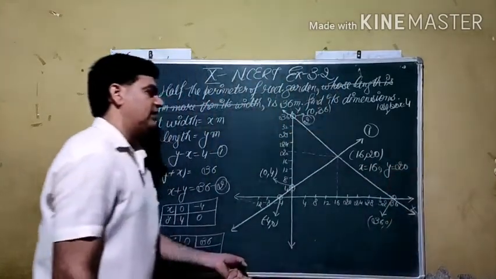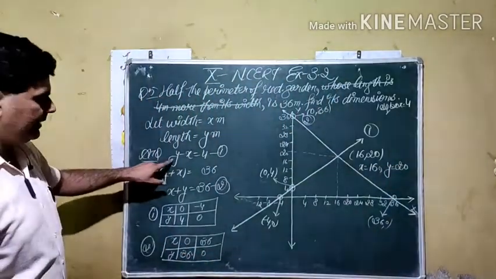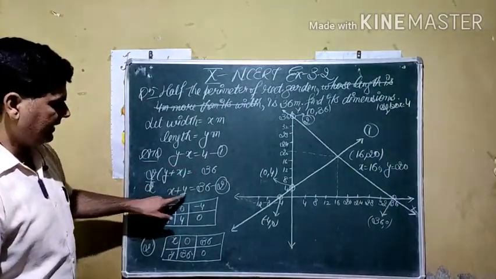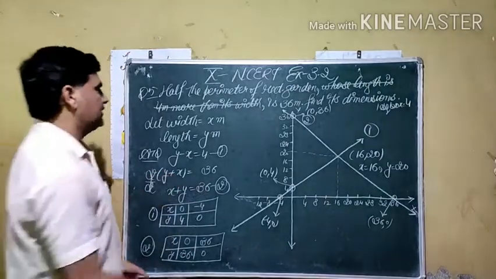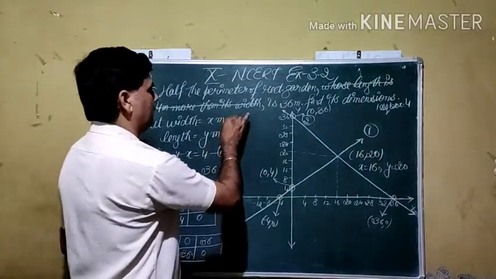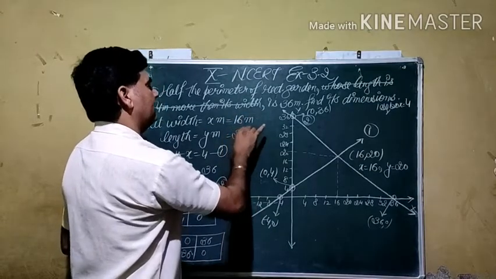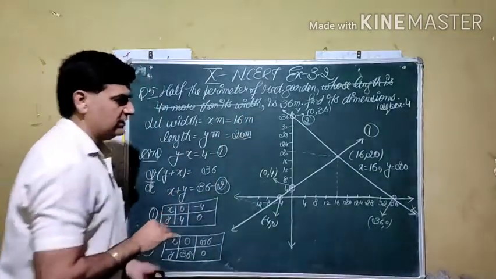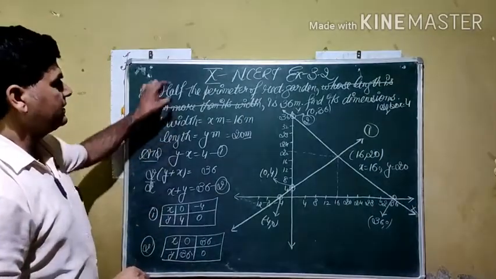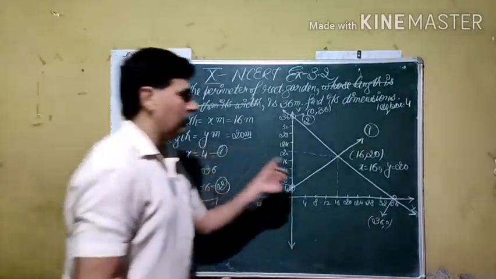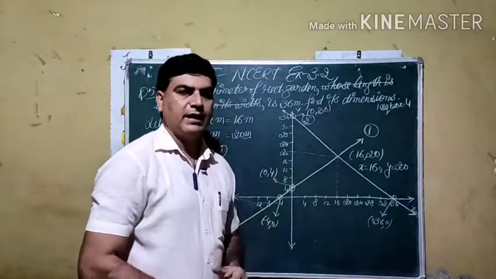If we verify this answer: y is 20, x is 16, the difference is 4, right? x 16, y 20, the sum is 36, right? So the width of the rectangular garden is 16 meter and the length of the garden is 20 meter. So this is the way to simplify statement type questions. Firstly, we convert algebraically, then we solve it by the graphical method.